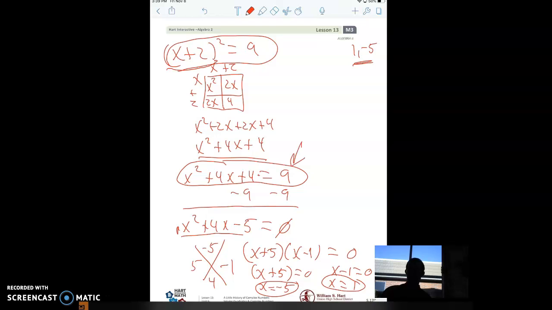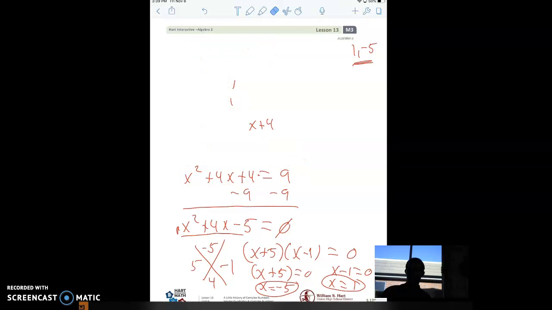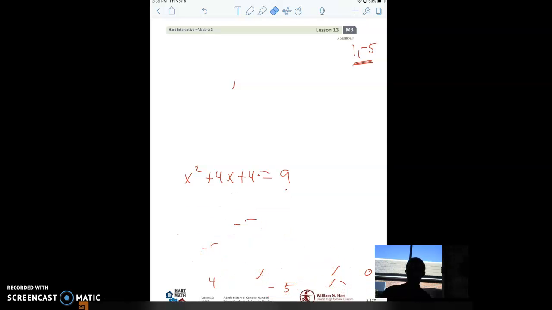So I'm going to erase all this up to that point, and let's say I was starting right here. How would I solve this equation using completing the square? Even if I want to complete the square, I want to isolate the x terms. I would subtract 4 from both sides.